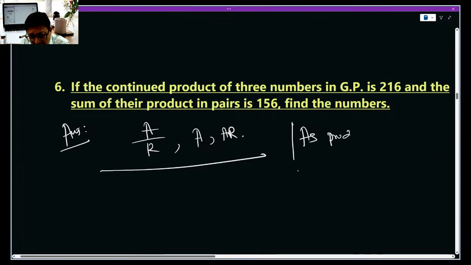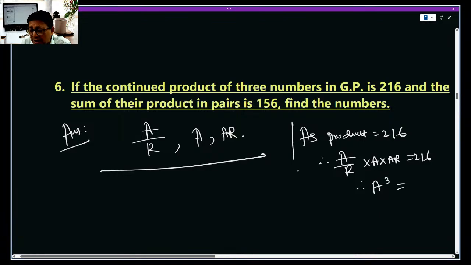As product equal to 216, therefore A by R into A into AR is 216. So A cube equal to 6 cube. We got A equal to 6. Okay? This is the advantage of considering terms this manner.